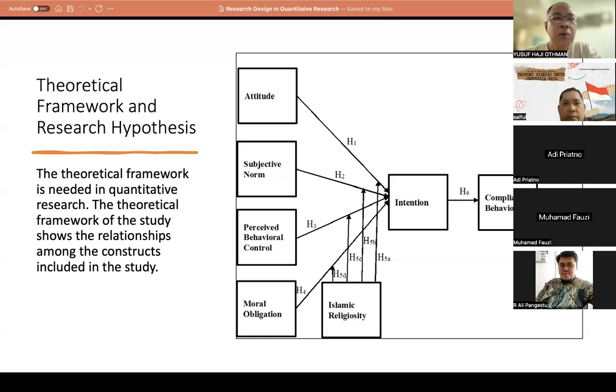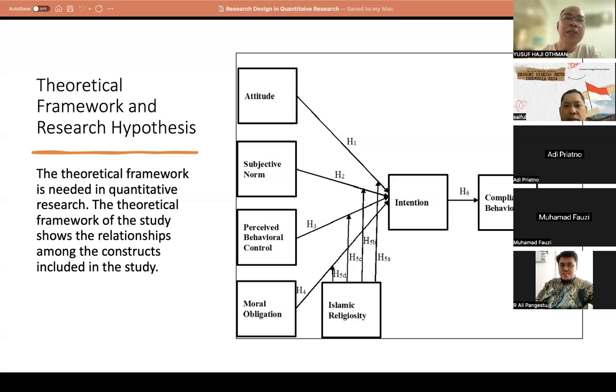Number one, by referring to previous studies which have shown that attitude has a positive influence on the intention. And number two, by justifying, in the case of this research, that attitude is expected to have a positive and significant influence on the intention. So one is based on previous studies. In research, we say based on the theory.